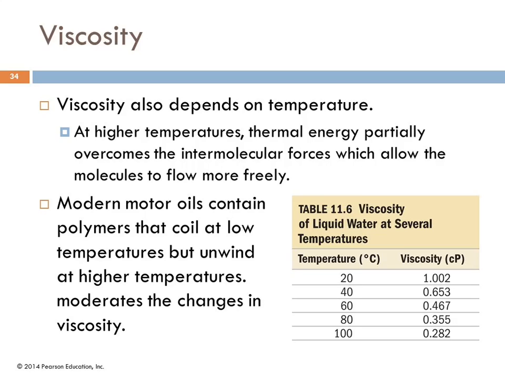If there's less surface area for it to interact with other molecules, the strength of the intermolecular forces will go down. So at cold temperatures, because the polymer curls up into a ball, the effect of temperature on viscosity is minimized. At higher temperatures, they unwind and the viscosity increases. And so it moderates the changes in viscosity. So cool, chemistry making better motor oil.